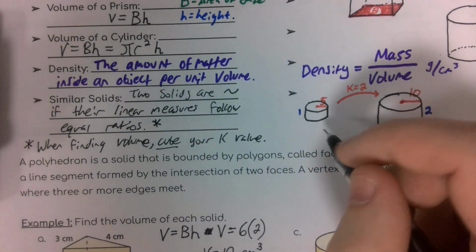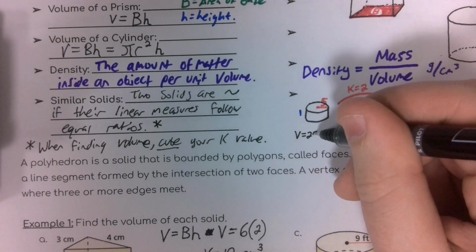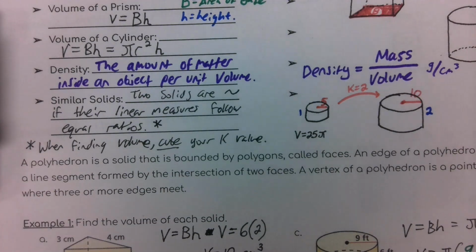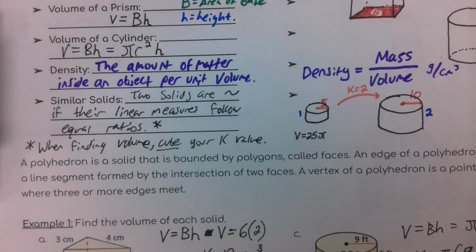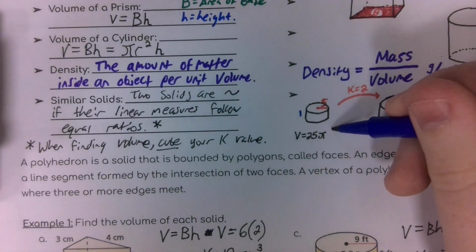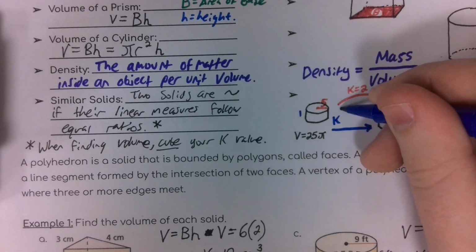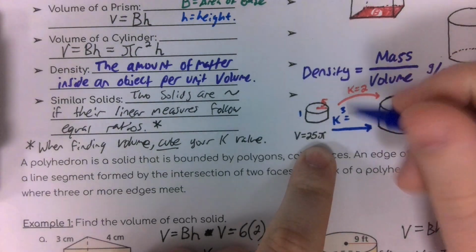Looking at this cylinder here, I'll tell you right away, the volume is going to be 25 pi. If you don't believe me, you can try and solve it yourself. But with a radius of 5, this cylinder has a volume of 25 pi. If we wanted to find the volume of this cylinder, we have to take K cubed and multiply our volume by K cubed.